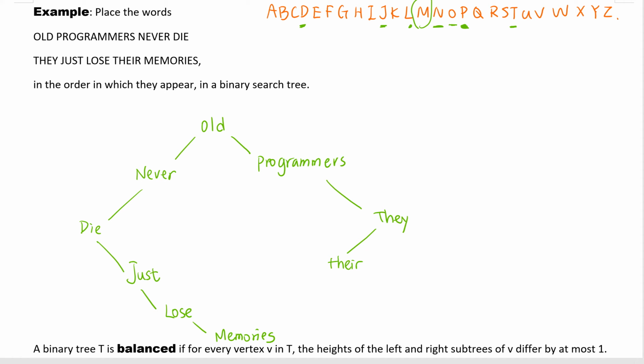So far, so good. We just go down the list and find a spot to insert the words. Okay, so this is what we get. So far, so good, everybody.